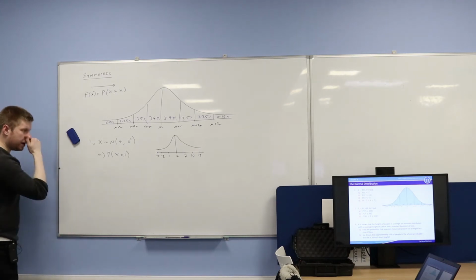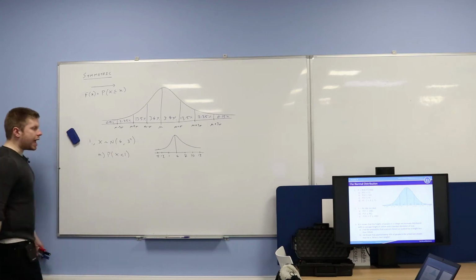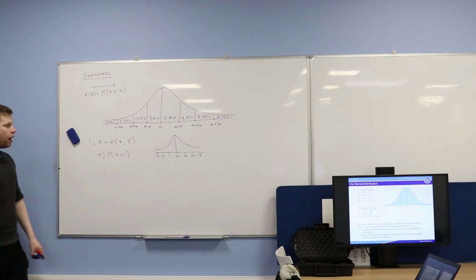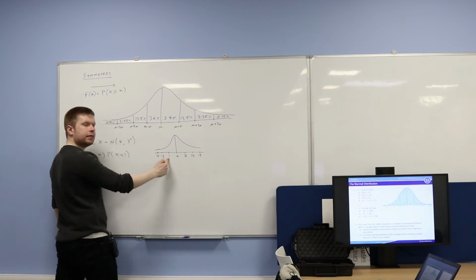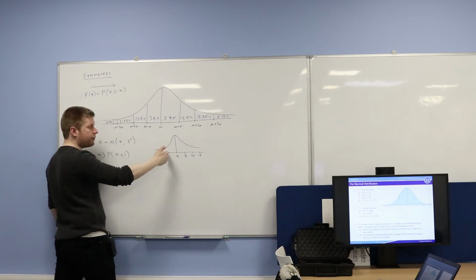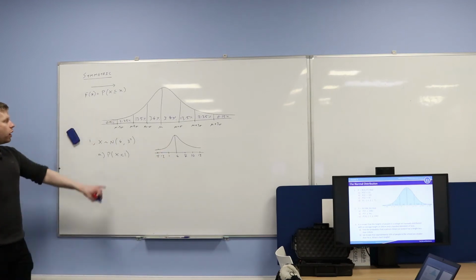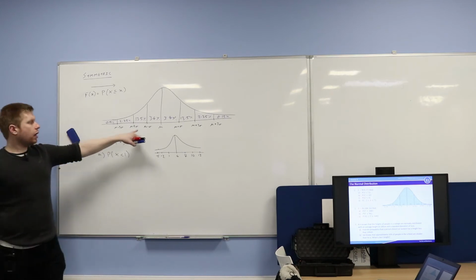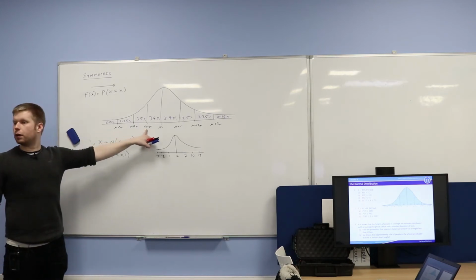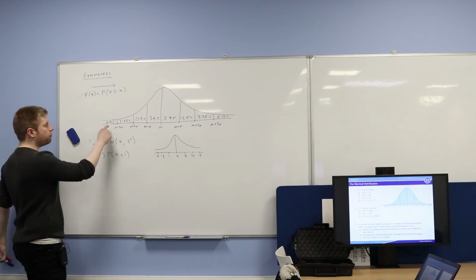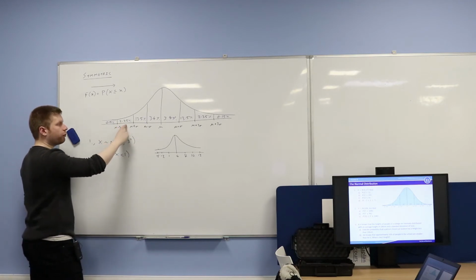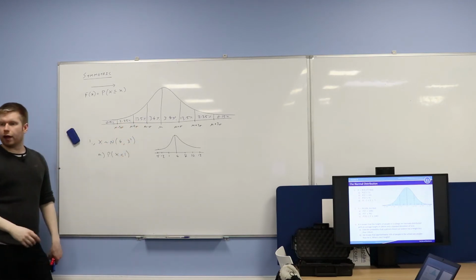Okay. So if I want to find the probability that x is less than 1, I'm looking at everything up until that point. So in other words, I know that I'm looking up until one standard deviation below the mean. So it's going to be 0.15 plus 2.35 plus 13.5.